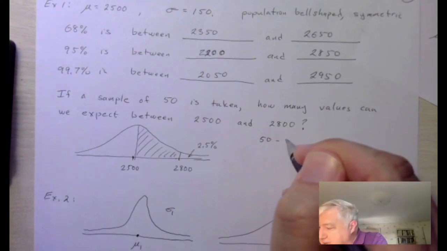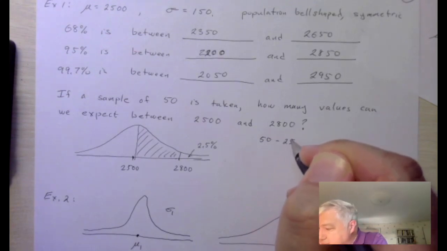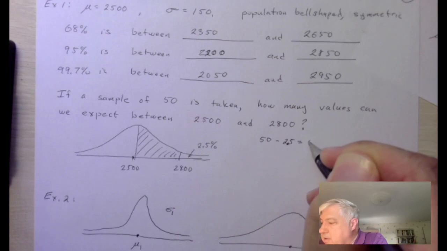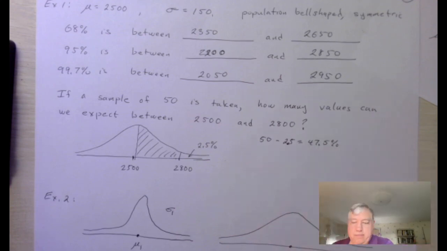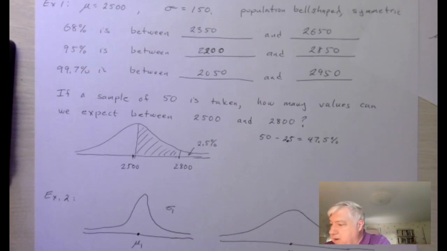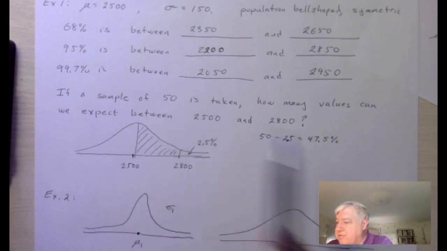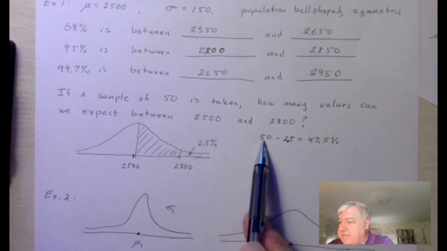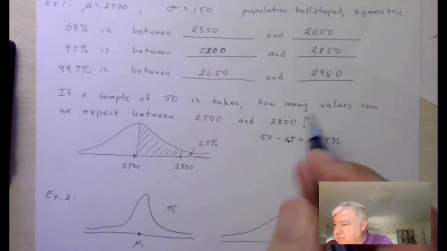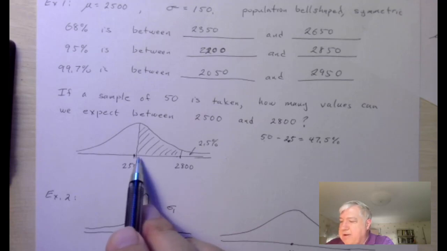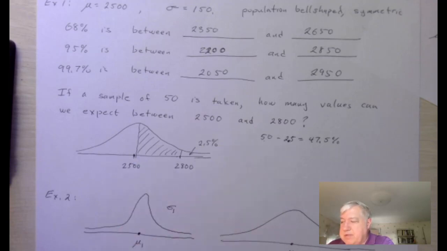So 50 minus 2.5 is 47.5%. Okay. By the way, this 50 and this 50 are not related to each other. This 50, we're talking about the 50% that are to the right of this mean.